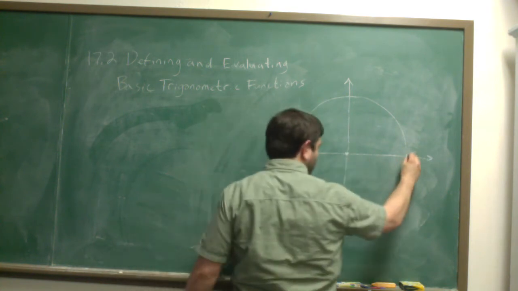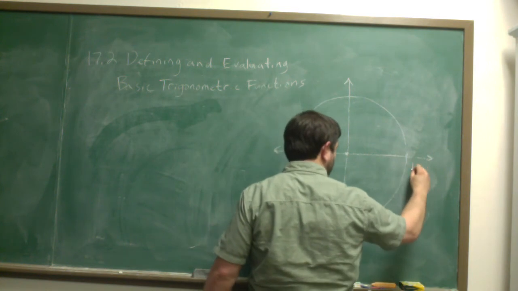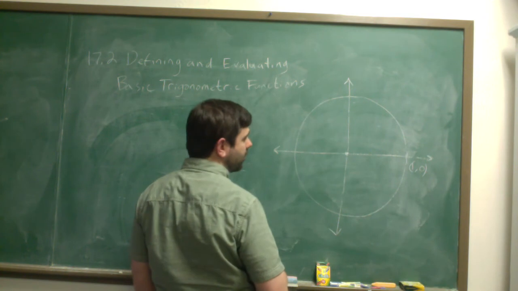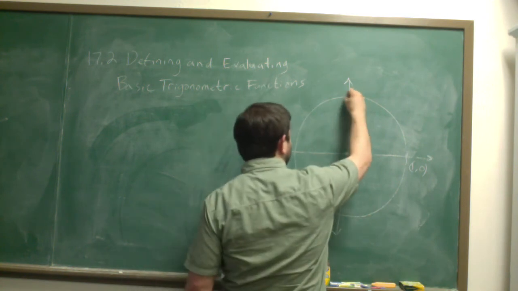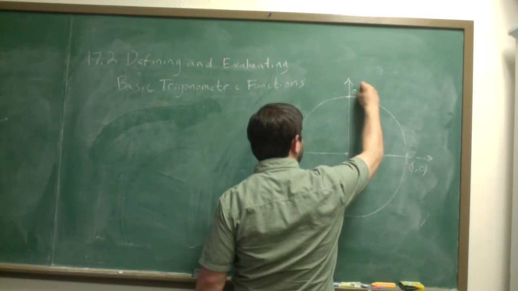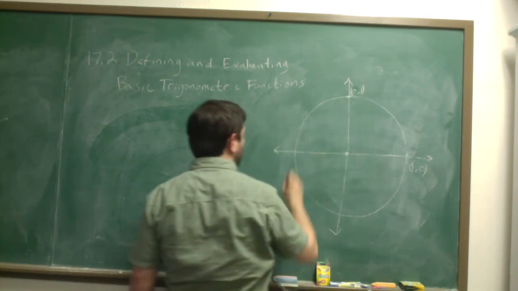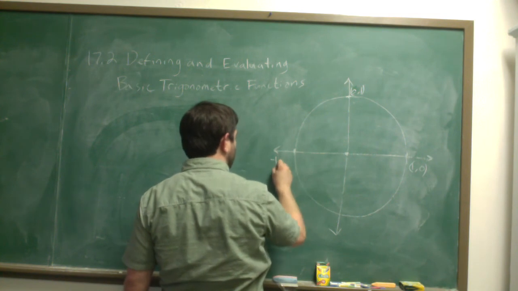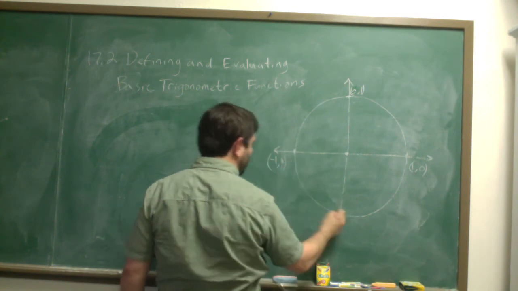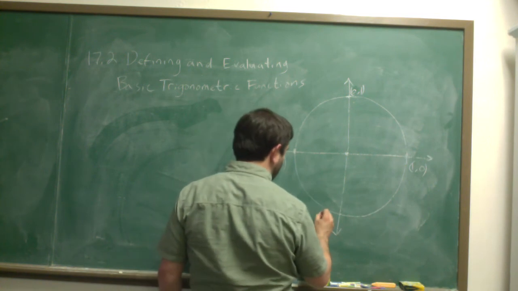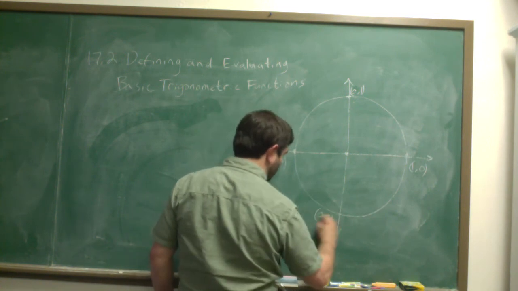And has a point at 1, 0. This one is at 0, 1. This point is at -1, 0. And this point is at 0, -1.